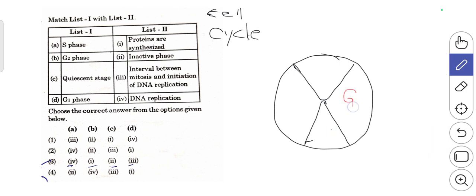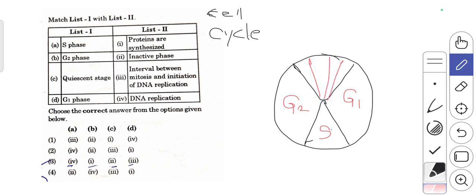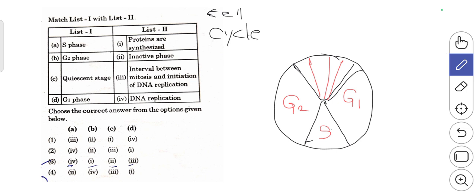This one will be G1, S, G2. Here we'll come across four different stages: prophase, metaphase, anaphase, telophase, commonly called the PMAT stages. And this one is considered G0, which means a quiescent stage.